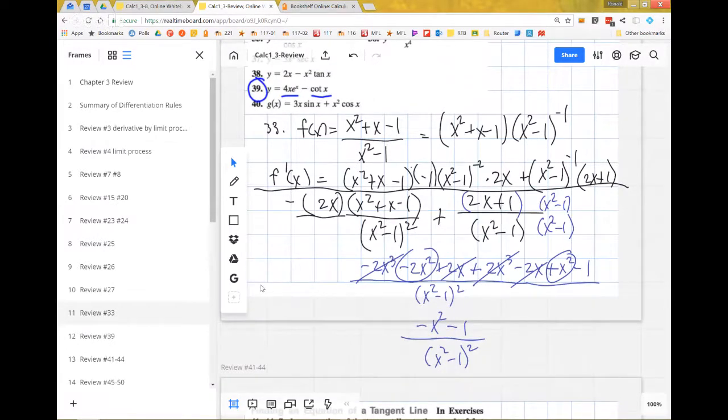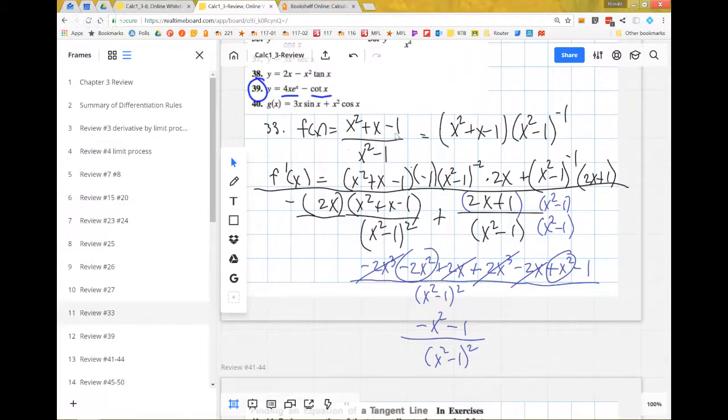I avoided the quotient rule, so I guess you could say this is one way to do it. I wrote the division of x by x squared minus 1 as x squared minus 1 to the negative 1 power. Doing that allows me to use the product rule, which is a little less messy than the quotient rule.